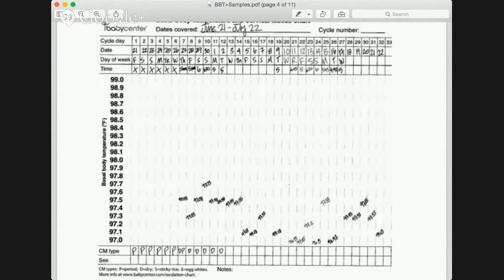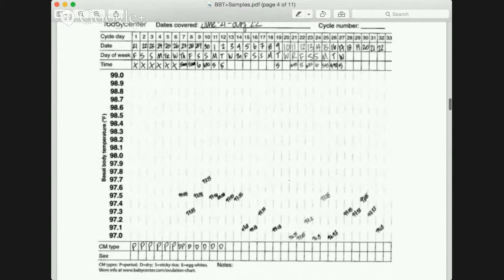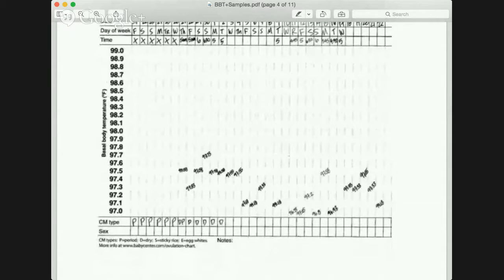She didn't take her temperatures in the beginning when she was having her period. You can see here that she's basically hovering around 97.5. Basically, I don't think she ovulated. There's no thermal shift here. So she bled at the end of the month. There was enough fluctuation that she did end up bleeding, but I don't think she ovulated.